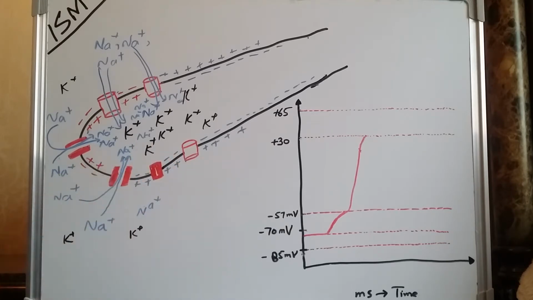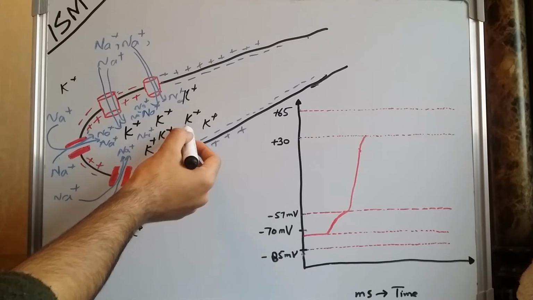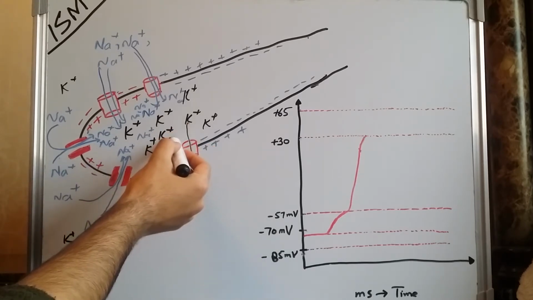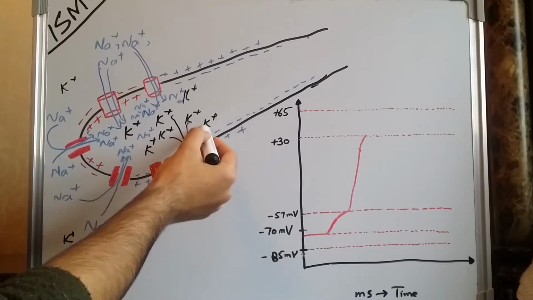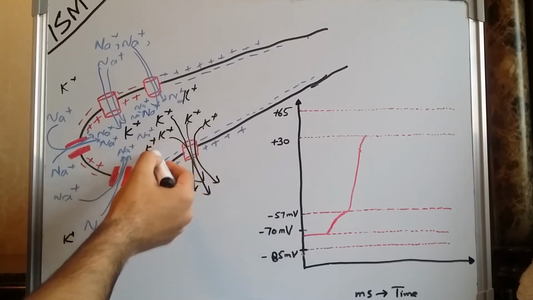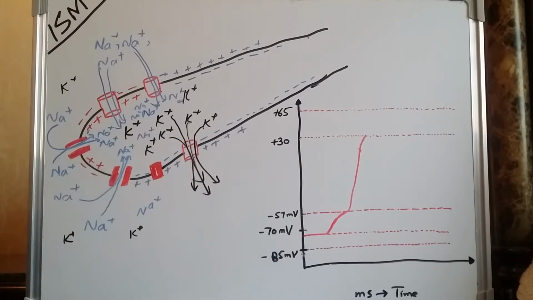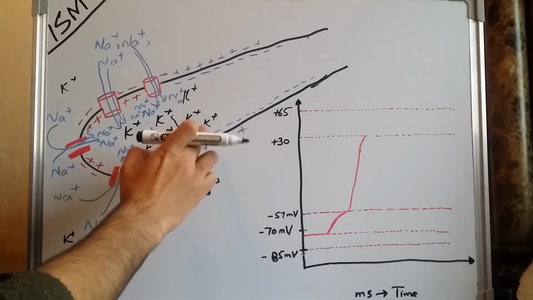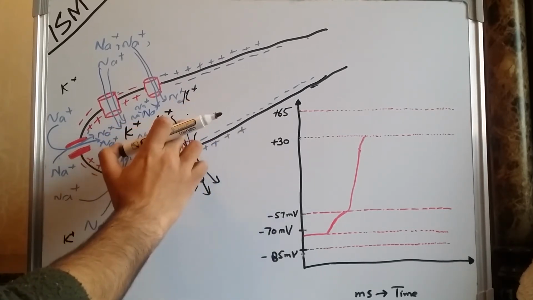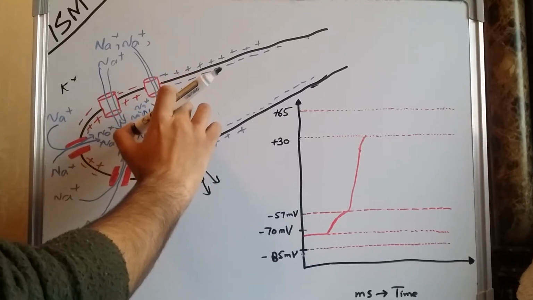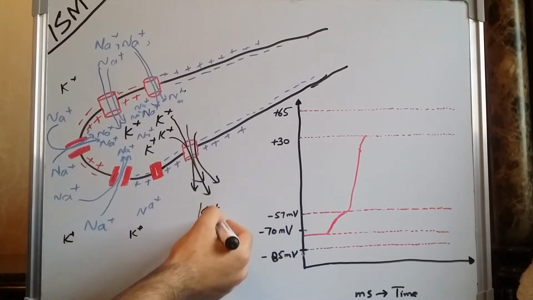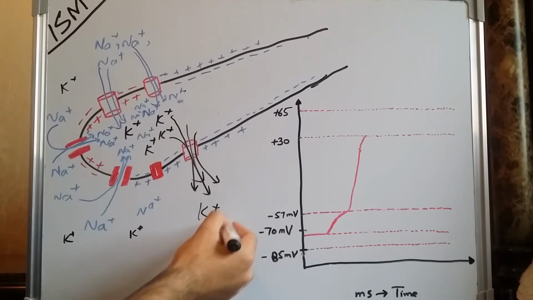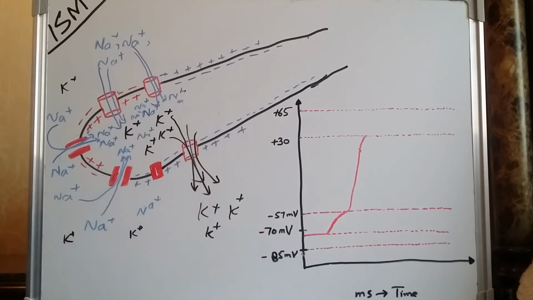They open up and the potassium starts moving outside. Because there is more potassium inside, by diffusion through the membrane it moves outside to the lower concentration.